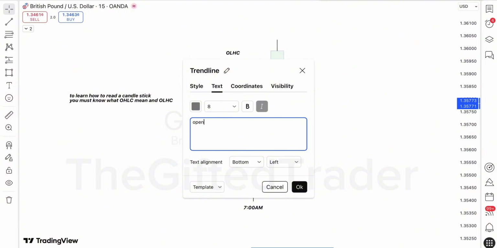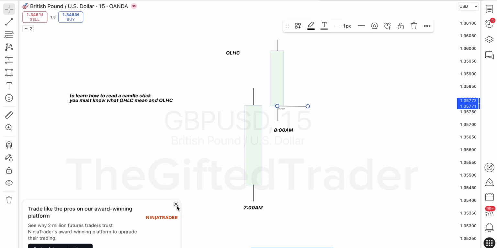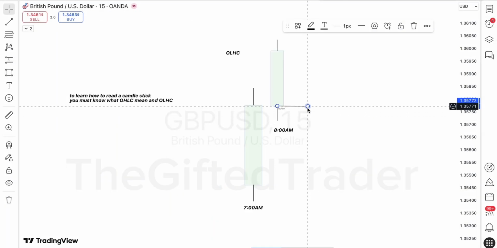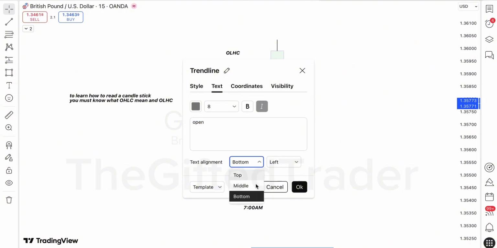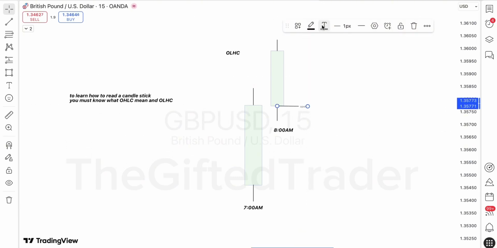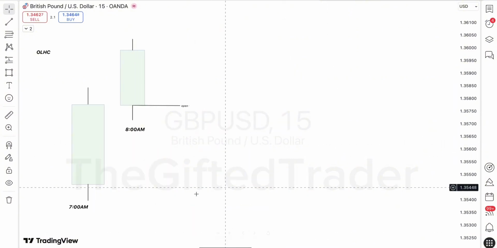So that's when the candlestick opened. All right. Here's the open. This right here is the open. Why this?